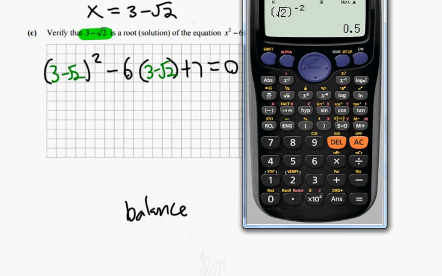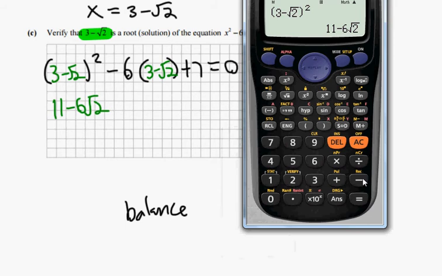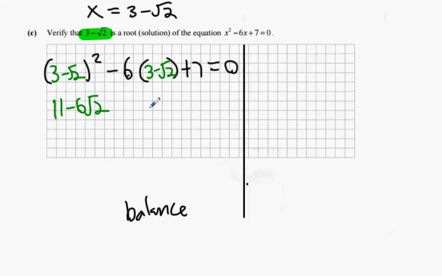So 3 minus root 2 squared, I'll put that down as 11 minus 6 root 2. I'll do the next part, then it'll be minus 6 multiplied by 3 minus root 2. Put that into the calculator as well. Oh, sorry, it's not squared. Now, minus 18 plus 6 root 2.